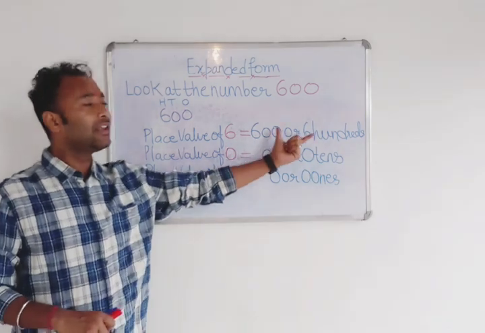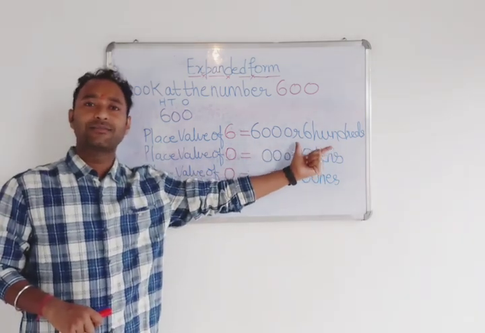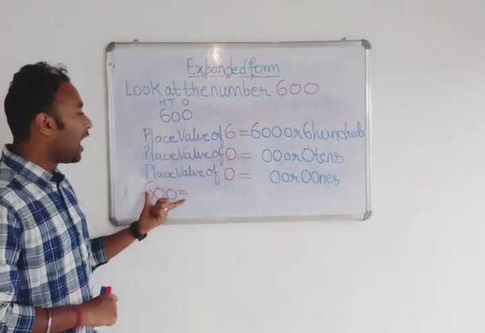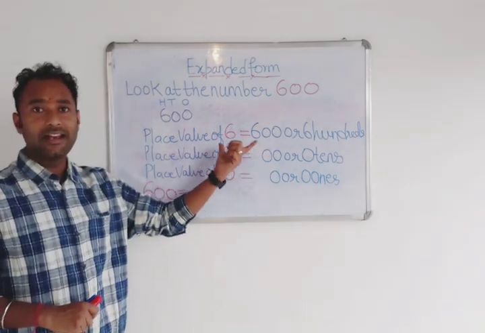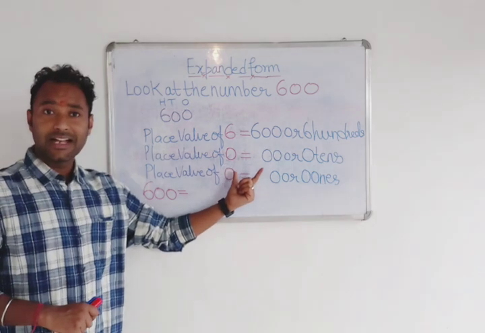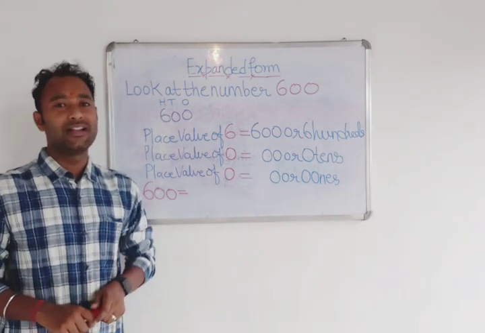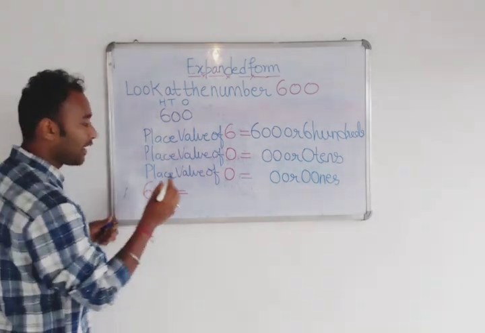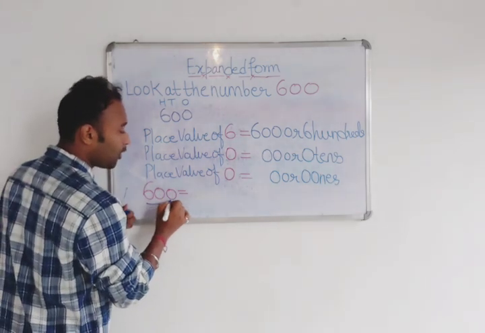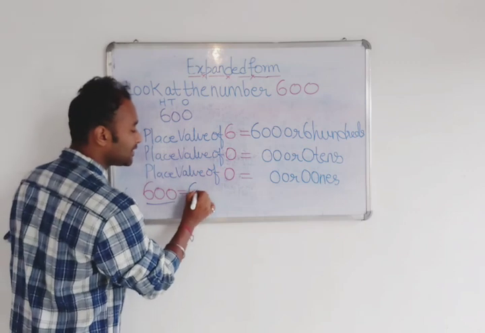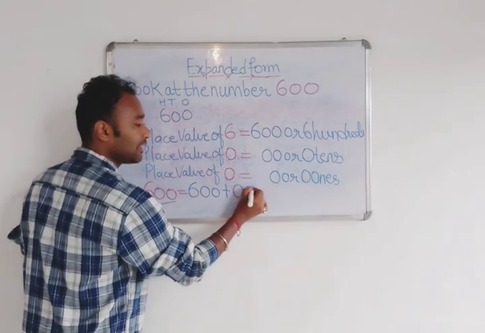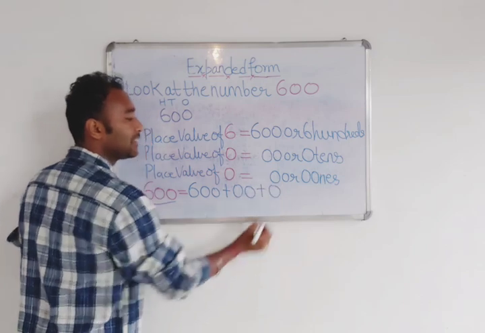So we will simply write the place value of each digit, or you can say how many hundreds are there, how many tens are there, and how many ones are there. Understood, students? So here we will write that the expanded form of 600 is 600 plus 0 0 plus 0.